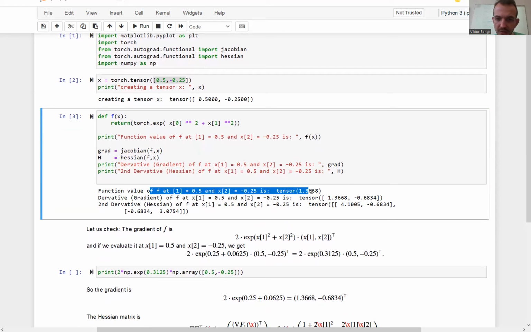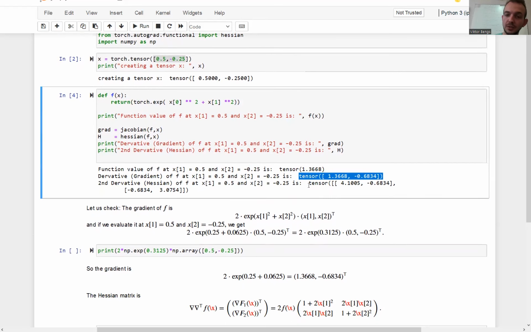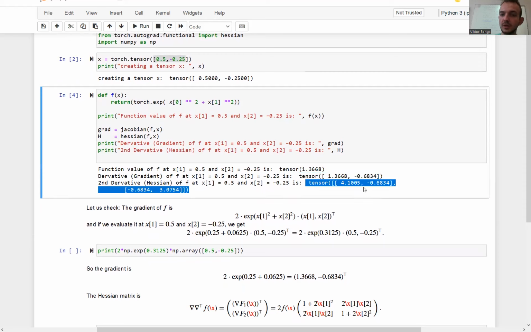So the first print is telling us what the function value of f is at, also here an x is missing, at x1 being 0.5 and x2 being minus 0.25. Here we have the gradient. This is exactly the same gradient we had in the previous Python notebook. And here we have now the Hessian matrix.